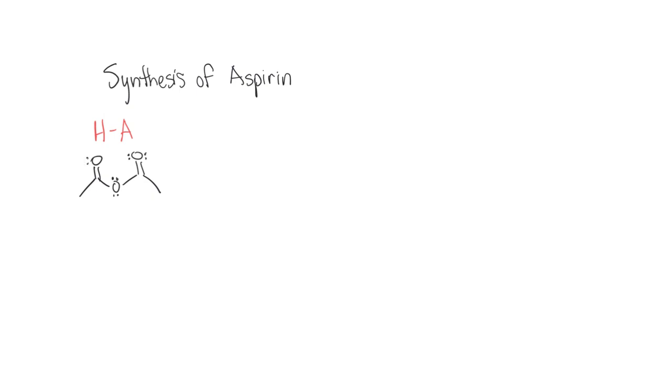And finally, we have our salicylic acid. I'll put this in blue. So this is an aromatic ring or a benzene ring. And it has an alcohol. And coming off the carbon right next to that, there is a carboxylic acid.